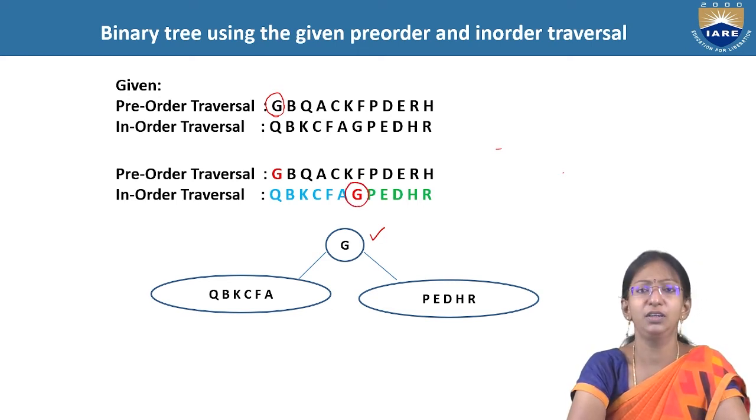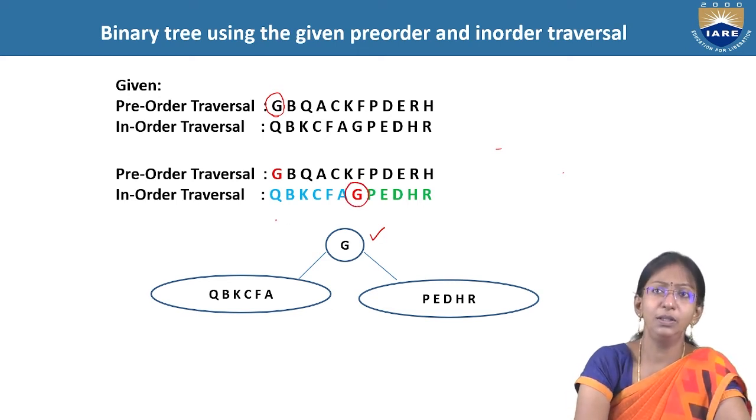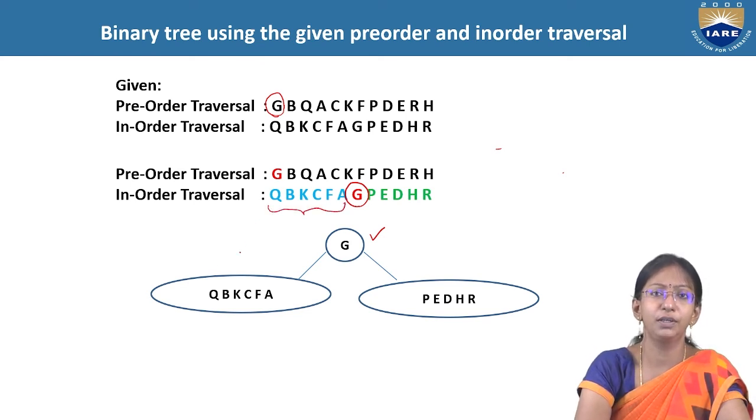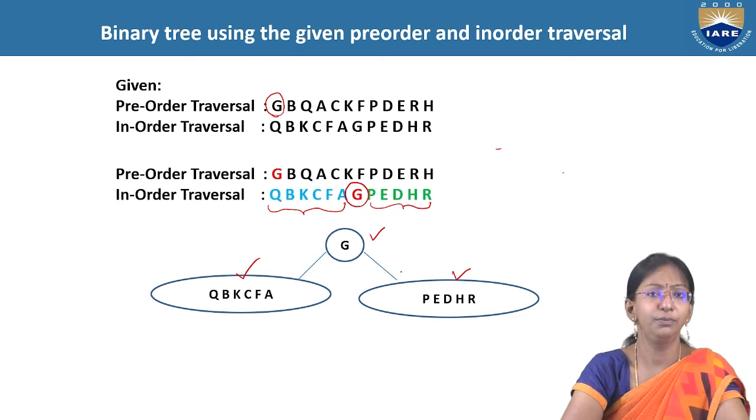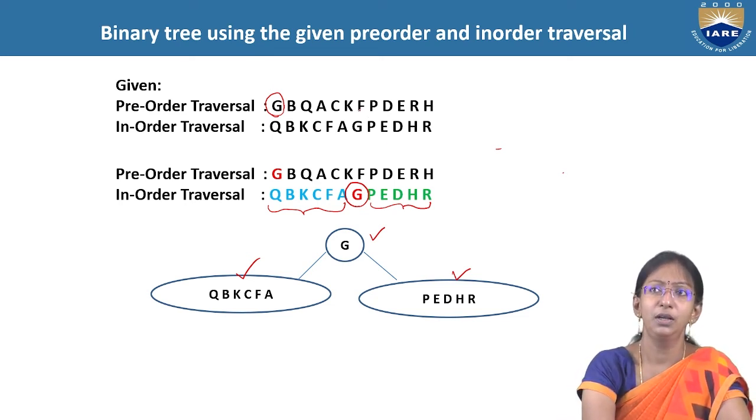Search for G in your in-order. All the elements present to the left of G in in-order will be in its left subtree, and all the elements on the right side of G will be in the right subtree of the final binary tree. Okay, please remember this one.